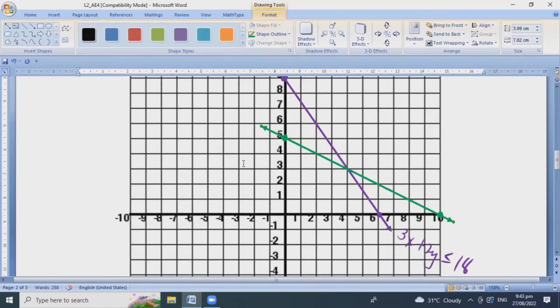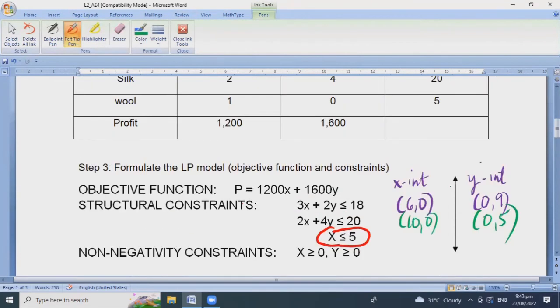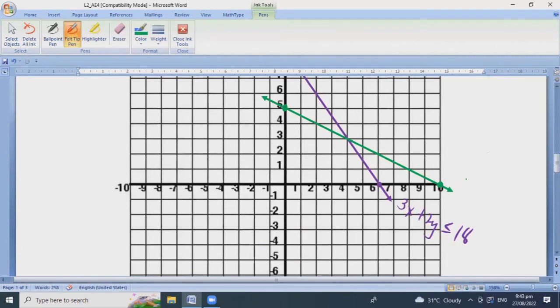So, ano shade natin? Yung upper part ng green line or yung lower part. Syempre, less than. Given the equation, 2x plus 4y less than or equal to 20. Shade natin yung baba. Okay, so dapat ito yung may shade.